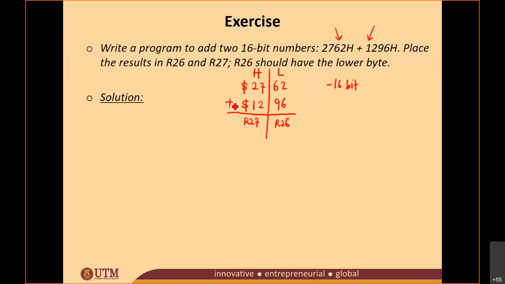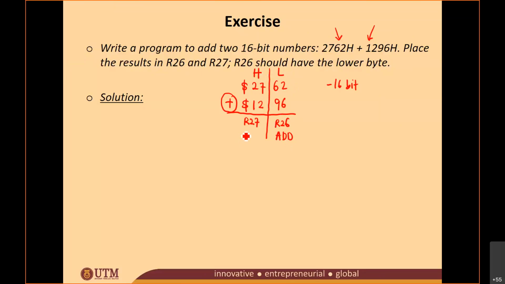So you're going to do the addition operation. Since this is a 16-bit number, for the lower byte you're going to use the ADD instruction. By using the ADD, you can add this low byte. What about the high byte? What instruction are you going to use for the higher byte?